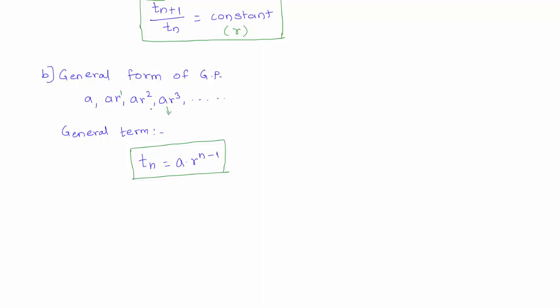Remember this is T4, students, so 4 is having 3 here. T3 was having 2 as the power of R. T5 would be A into R raised to 4. T10 would be A into R raised to 9. And hence Tn is A into R raised to n minus 1, reduce it by 1.